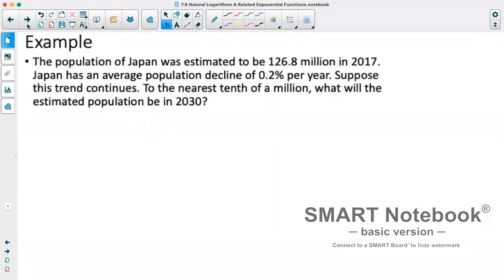For example, the population of Japan was estimated to be 126.8 million in 2017. Japan has an average population decline of 0.2% per year. Suppose this trend continues, to the nearest 1/10 of a million, what will the estimated population be in 2030?